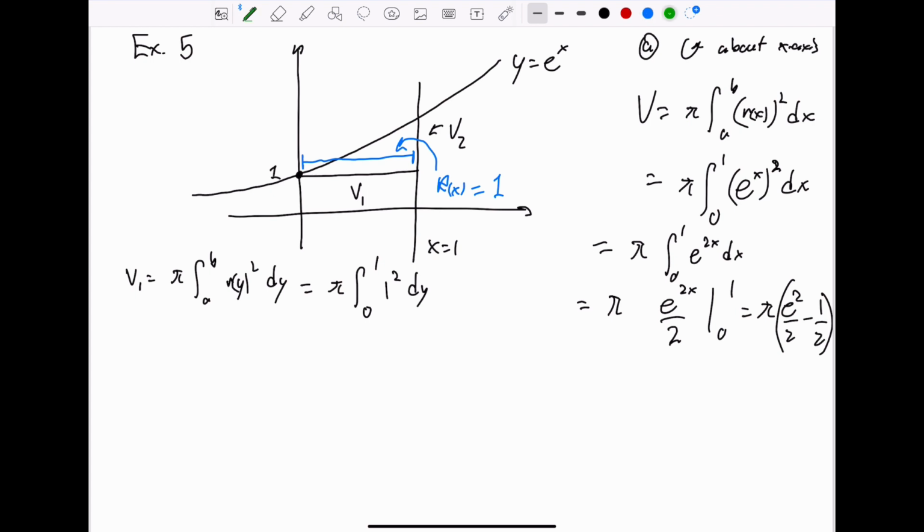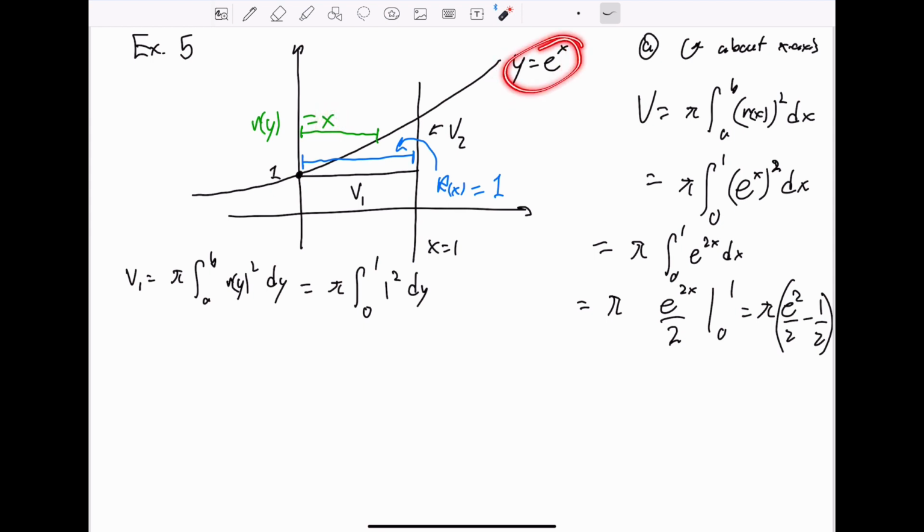How about the inner radius? That's this distance here. This is some distance along the x-axis. So I could call this x, but I want an expression in terms of y. So how do I correlate y and x for this distance here? Well, I'm going to use the function y equals e to the x. So I'll start by just calling this distance x. But what I really need is an expression for the inner radius in terms of y. So instead of using x as the variable here, I want to figure out what x is in terms of y.